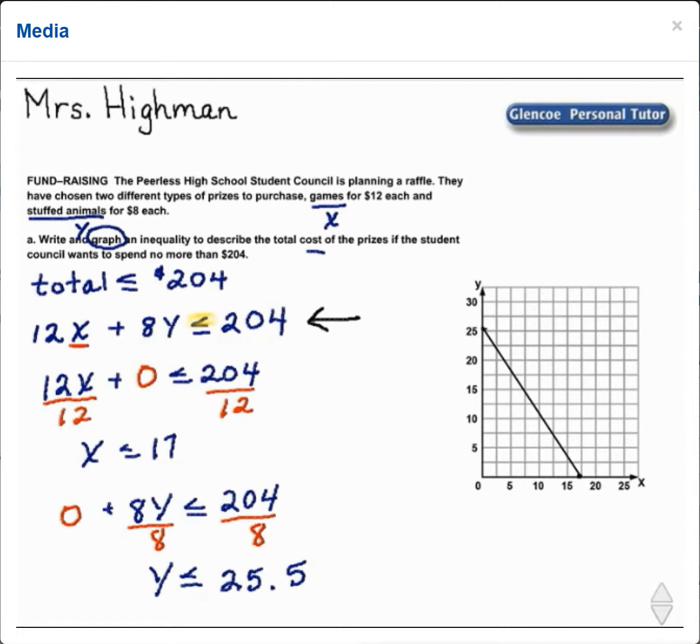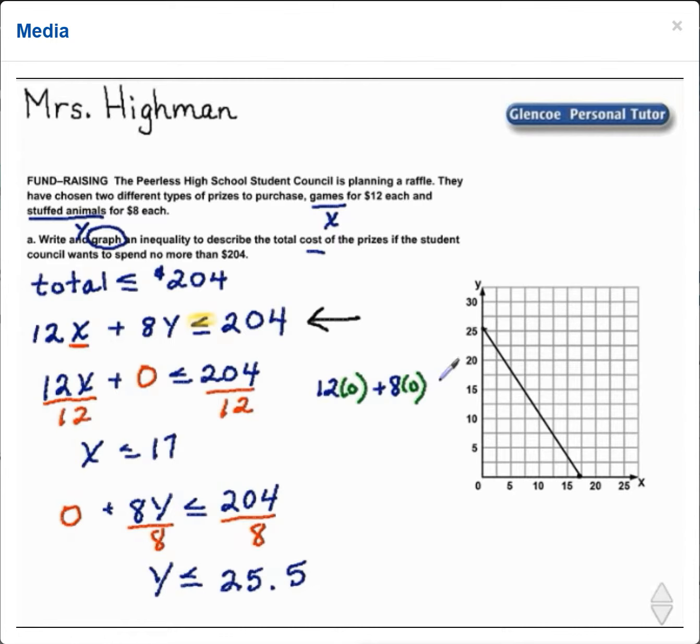So let's test a point. How about let's use 0, 0 right here and see if this point works. So that means we're going to put 0 in for x and 0 for y. So 12 times 0 plus 8 times 0.